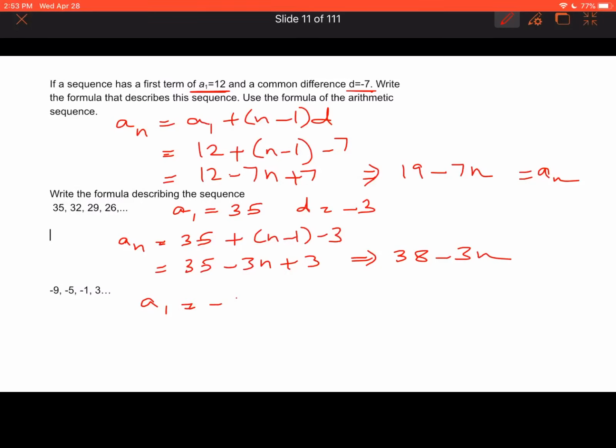Okay, similarly we can write the formula for the next problem. a1 is minus 9 and d equals minus 5 minus minus 9, that is plus 4. When we add 4 to minus 9 it will become minus 5. So just apply the values in the equation. an is equal to a1, which is minus 9, plus n minus 1, times d, which is 4.